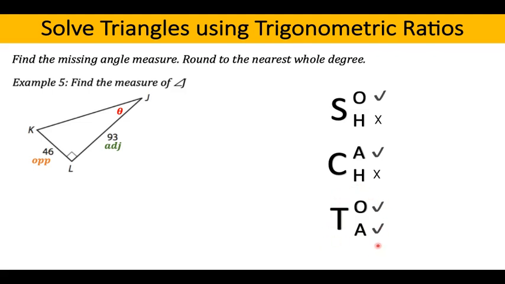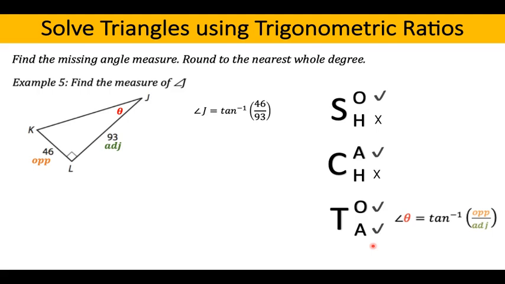Because we're solving for an angle, we're going to use inverse tangent in order to solve for that angle. So angle J equals inverse tangent. Opposite is 46 over adjacent is 93.